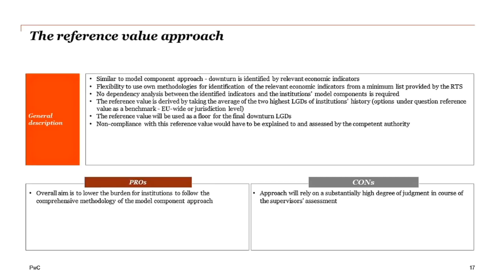The resulting downturn LGD has to be compared with a reference value that is derived by taking the average of the two highest LGDs of bank's history, or even with a European-wide benchmark that can be provided by regulator. Non-compliance with the reference value would have to be explained to the regulator and as well documented, and reference value as well can be used as a floor for the final downturn LGD.